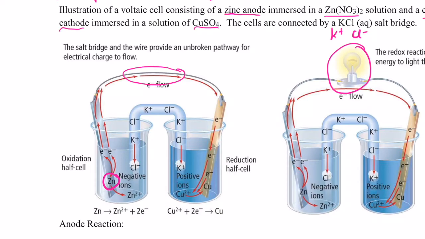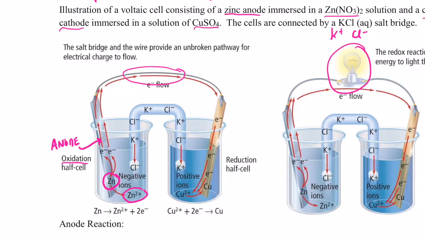Now we don't care about the nitrate ions, they are spectators, but we do care about the zinc 2+ ions. Now in this electrode, oxidation is occurring. Now the electrode where oxidation occurs is called the anode. So since oxidation is occurring, the zinc electrode is called the anode.